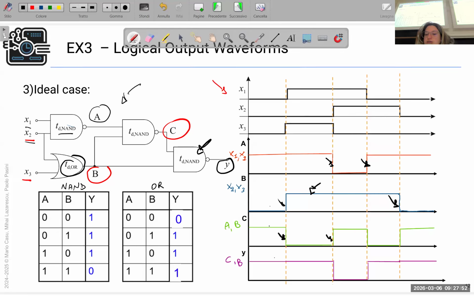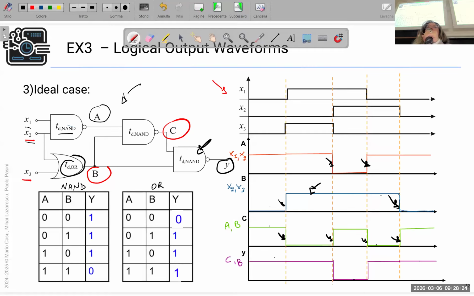Then there is a changing just here, 1, 1, 0. Then there is a changing just here, so we have 0 and 1, 1. And then we have another changing both here and here, and we have 0 and 1, 1. And this is epsilon.